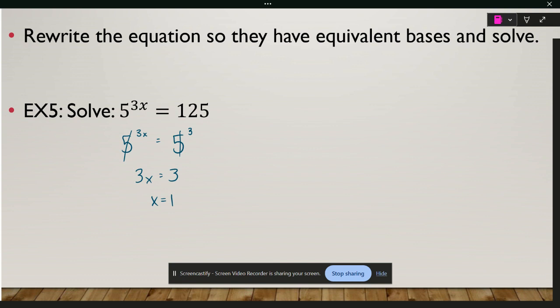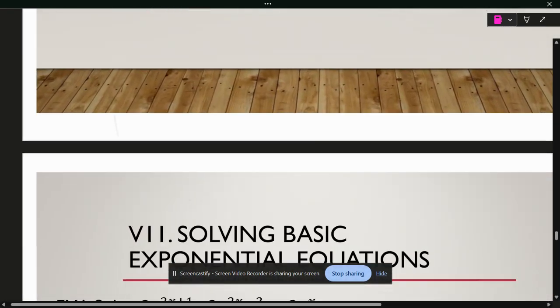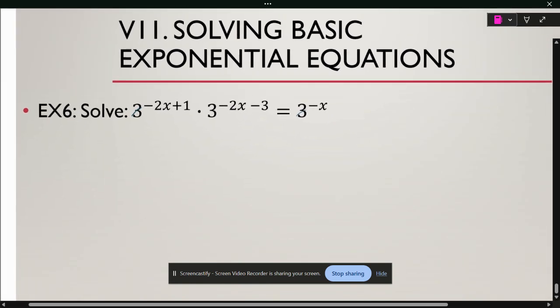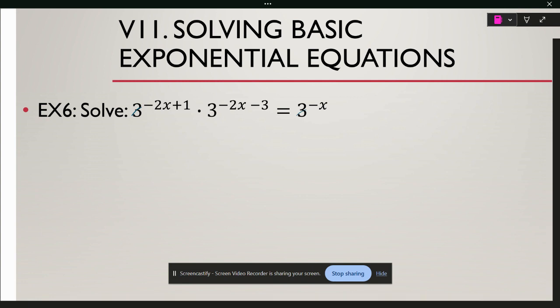Questions? Okay. Moving through that and now having that understanding, we're going to take a look at example number 6 that looks just a little bit more difficult. Just a little bit. But if you notice, 3, 3, 3, all the bases are the same, which is great. If we didn't have the same base, then we'd have to do a little bit of work like we did in example 5.